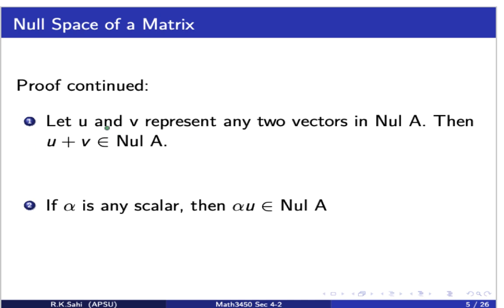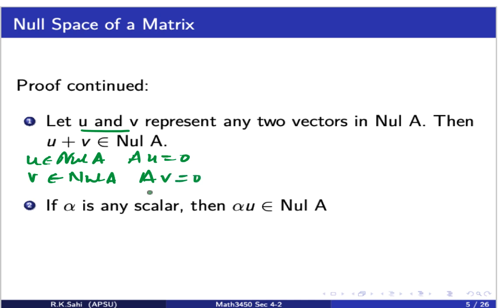Here it says U and V are 2 vectors in the null space of A. So what does this mean? If U is in the null space of A, A times U is 0. If V is an element of the null space of A, that means A times V is 0. Remember, that's the definition of a null space.